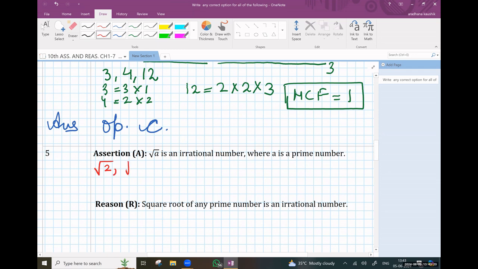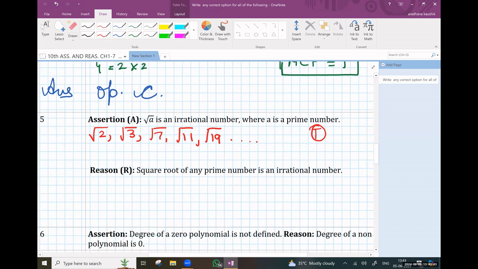Yes, this is an irrational number. 3 is prime, 7, 11, 19 and so on. So here we can see that if A is a prime number, then square root A will be an irrational number. And we can conclude that assertion is true.